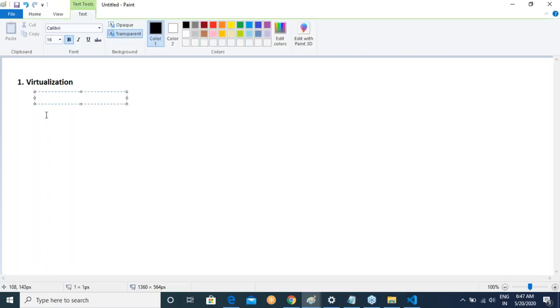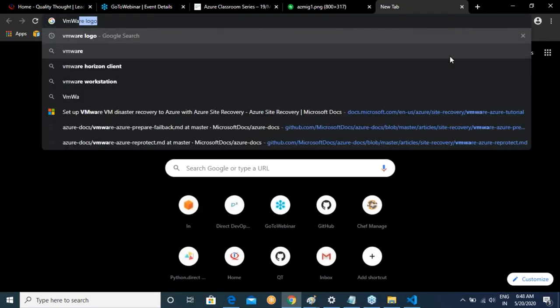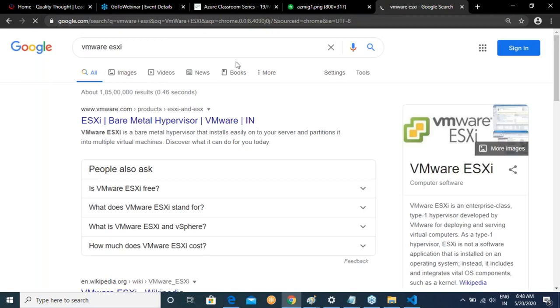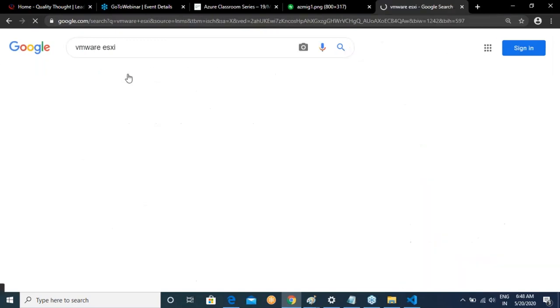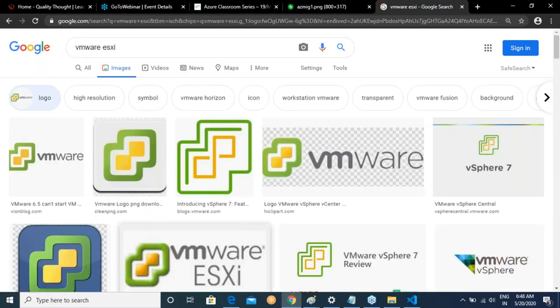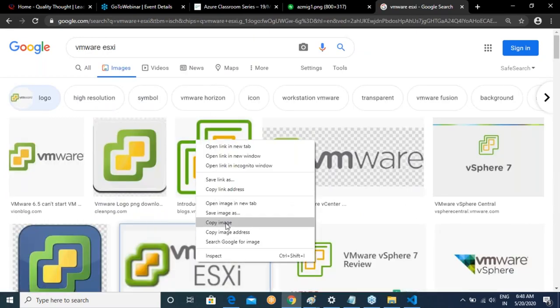So now let us try to look into this virtualization world. Whenever I say virtualization, your company might be having, I have said that in your company there will be racks, and on those racks there will be physical servers and all of that stuff. Okay. So there are two popular product lines, and I'll be just writing them.